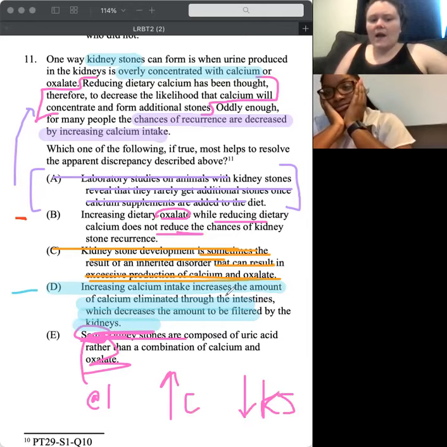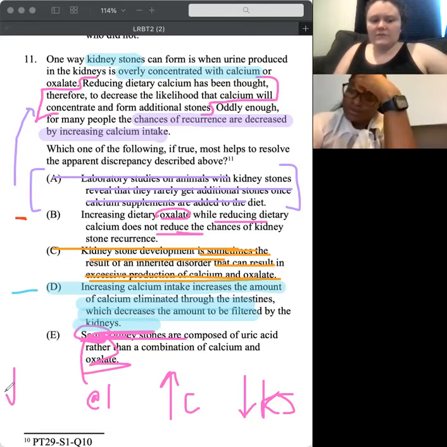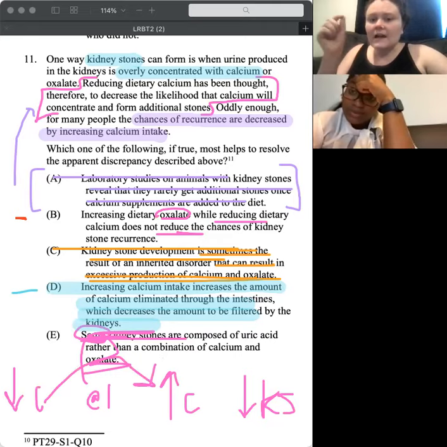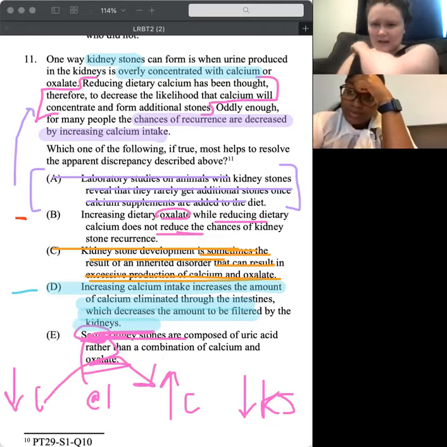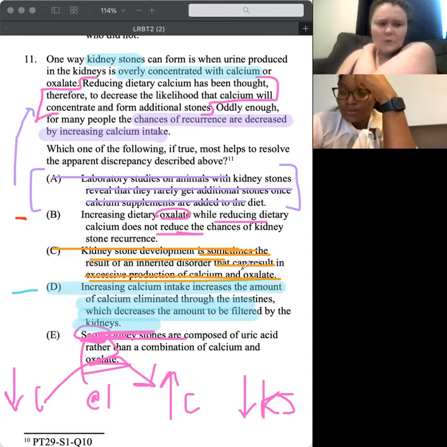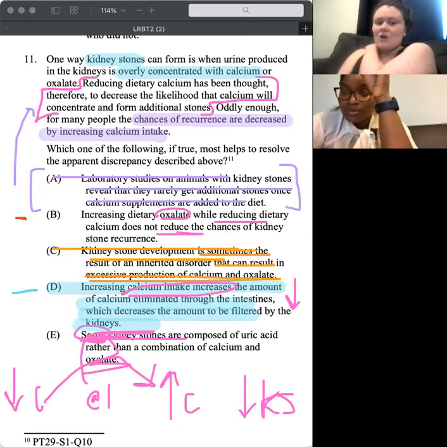This is just saying what happens when we do reduce calcium. Reducing calcium doesn't help explain why increasing it does the opposite. So it's not actually referencing both of our facts. Whereas D actually explains why a calcium increase could possibly result in fewer kidney stones.